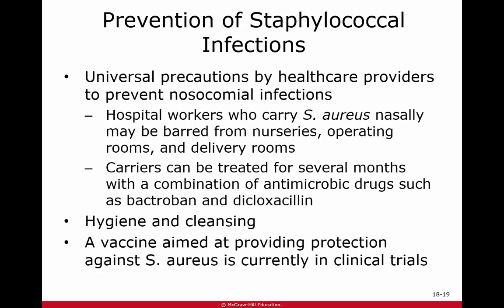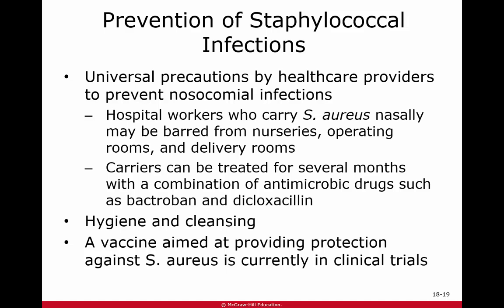To prevent staph infections, of course, hospital workers use universal precautions to prevent the nosocomial infections. If you have a hospital worker that has an infection, they are barred from nurseries and operating rooms and delivery rooms, and they may have to be treated for several months with a combination of antimicrobial drugs.